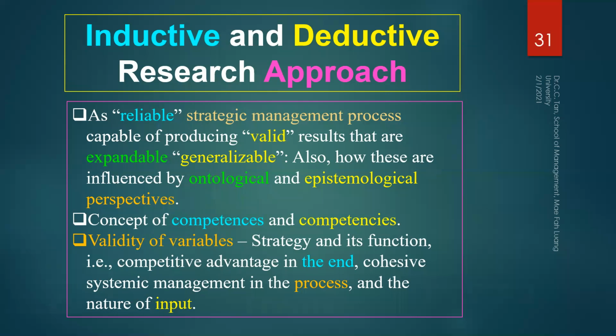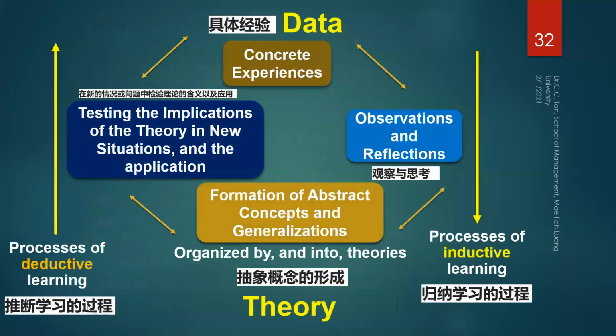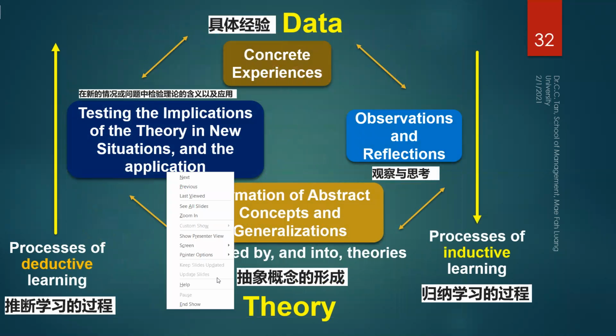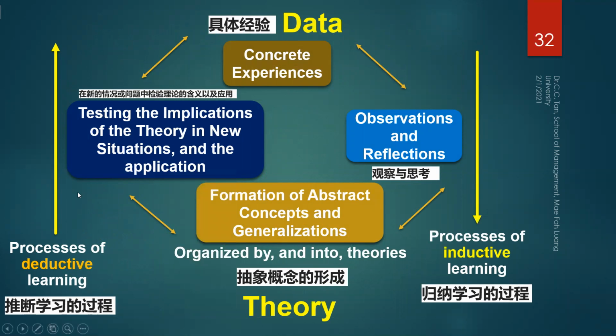Okay, so let's look into this overall inductive and deductive business research process, or strategic management process, which involves concrete experiences, or what we call data, because the concrete experiences will generate a whole bunch of data, right?